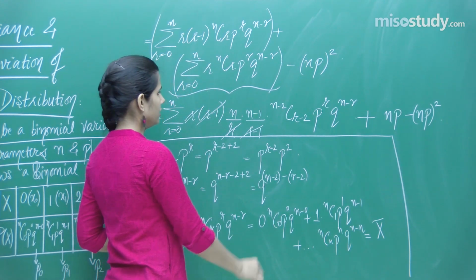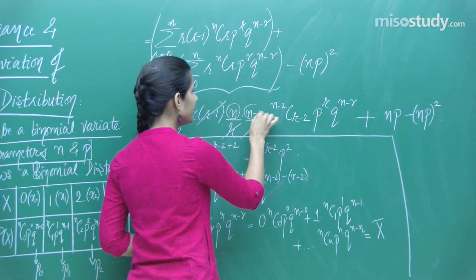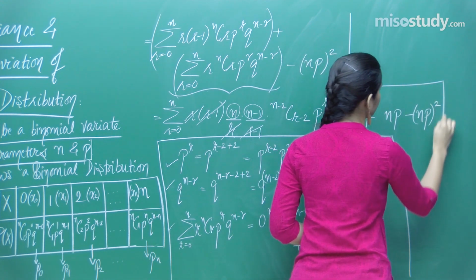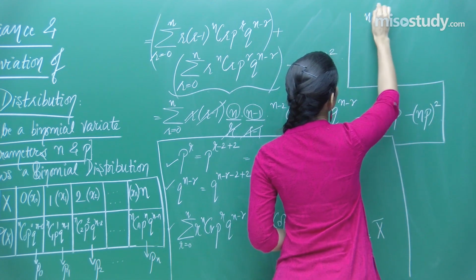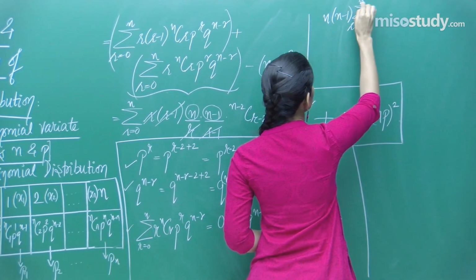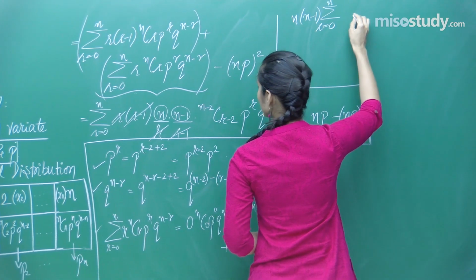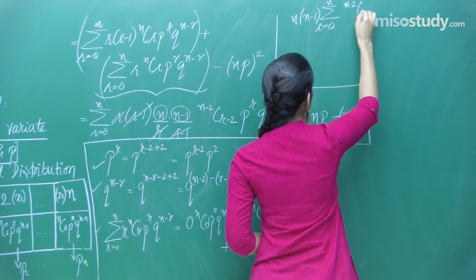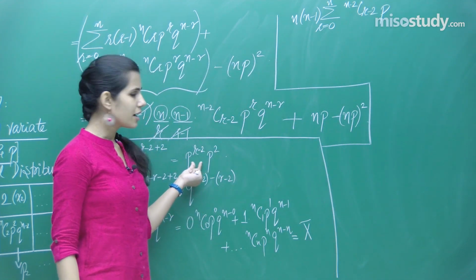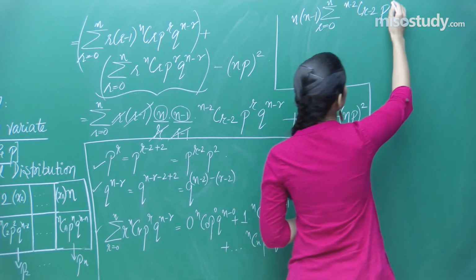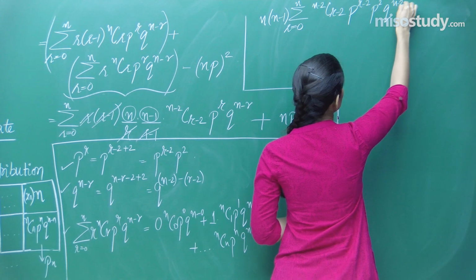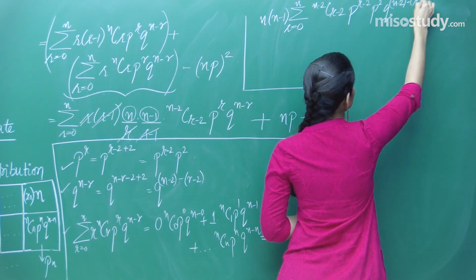Now, if you can see n and n minus 1 are constants, I can take them out of the summation sign. So I have n into n minus 1, then you have summation r going from 0 to n, n minus 2 C r minus 2. Now p to the power r can be written as p to the power r minus 2 into p square. And q to the power n minus r can be written as q to the power n minus 2 minus r minus 2.